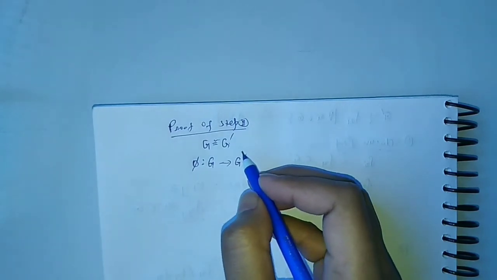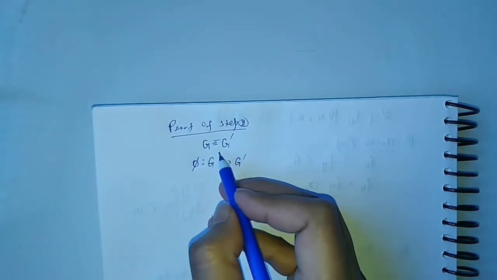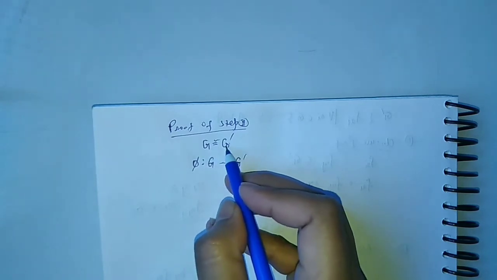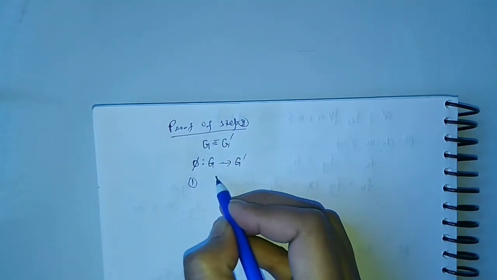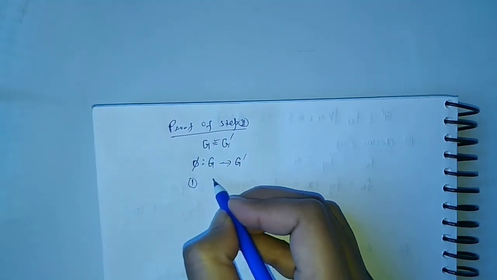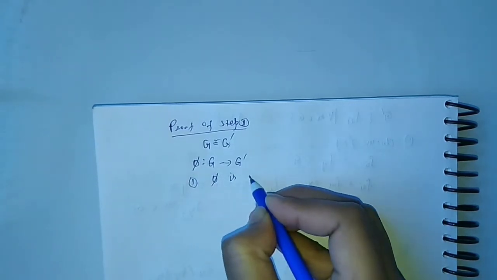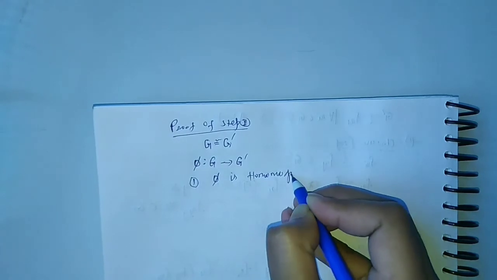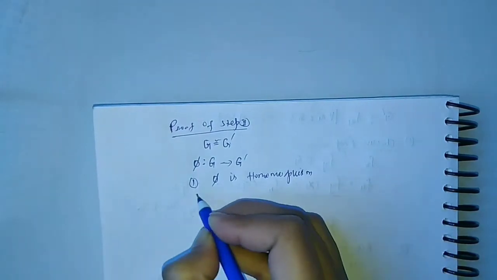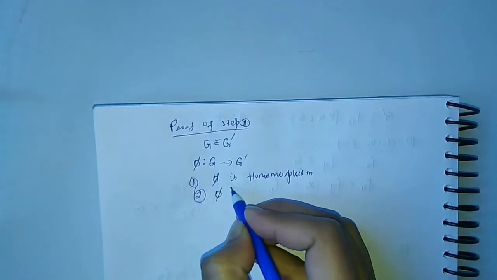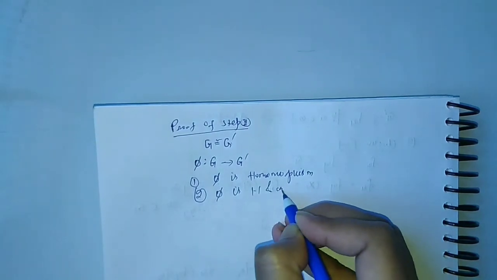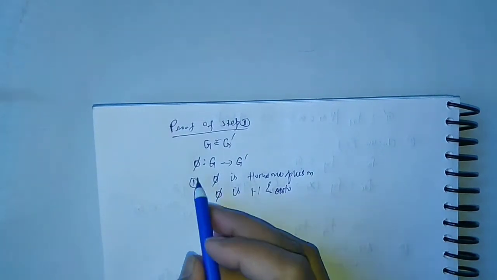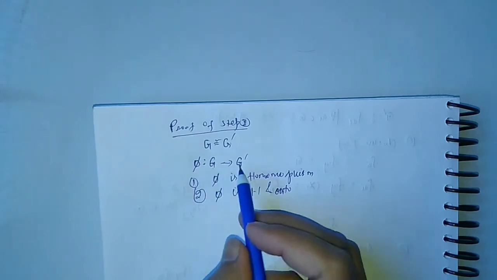Then in order to prove that there exists an isomorphism from G to G dash, first we have to prove that this function phi is a homomorphism, and also we have to prove that phi is 1-1 and onto. Then we say that this phi is an isomorphism from G to G dash.